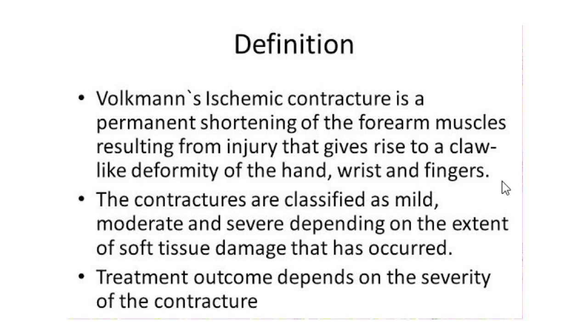Ulnar claw hand is caused by the lesion of the ulnar nerve due to fracture of the medial epicondyle, while in Volkmann ischemic contracture there is necrosis of the muscles of the forearm and hand, which leads to claw-like deformity of the hand. In this condition, the hand resembles a claw. Do not confuse this with the ulnar claw hand.